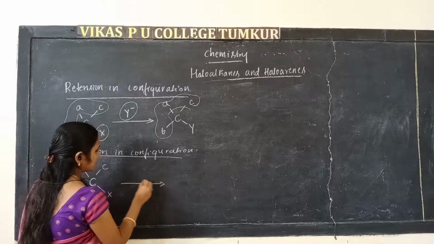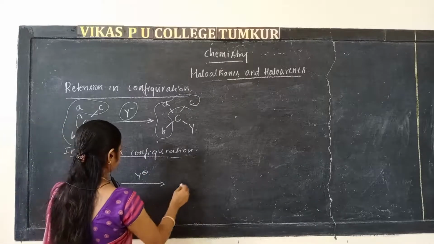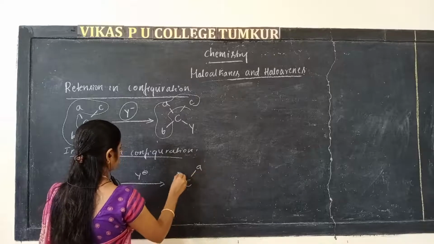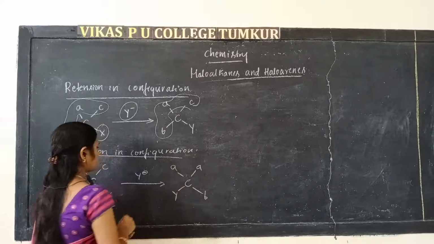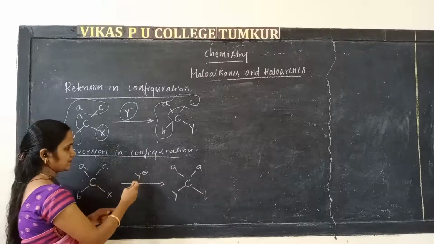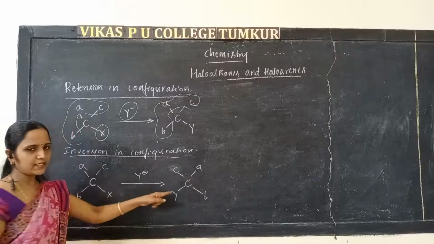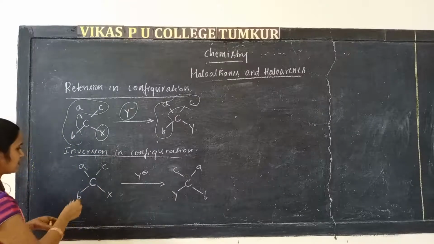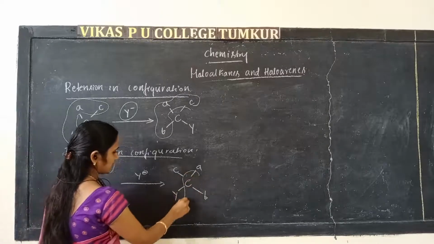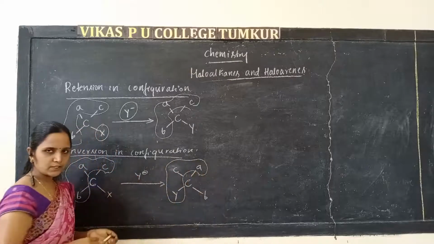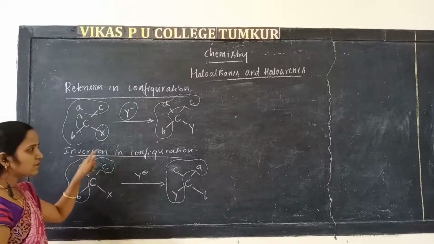Then the nucleophile attaches, and we are going to get a product which is opposite to this configuration. The groups around the stereogenic carbon are opposite to that of the reactant. This we call inversion in configuration.